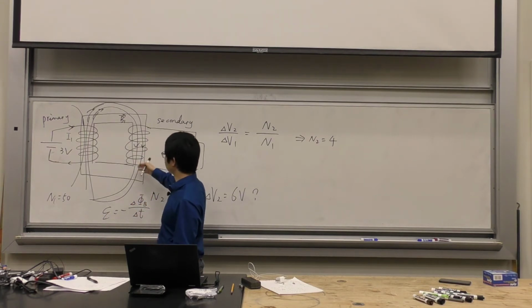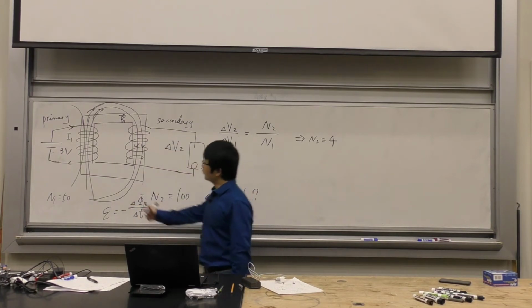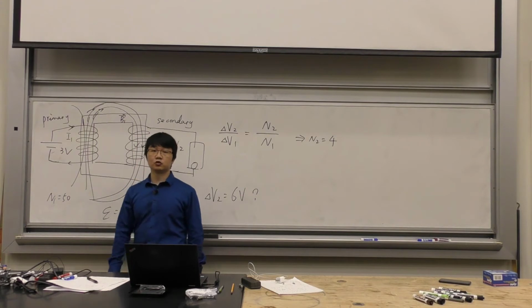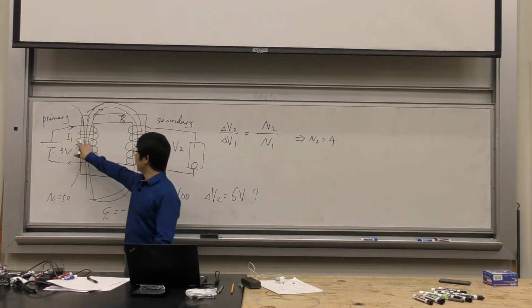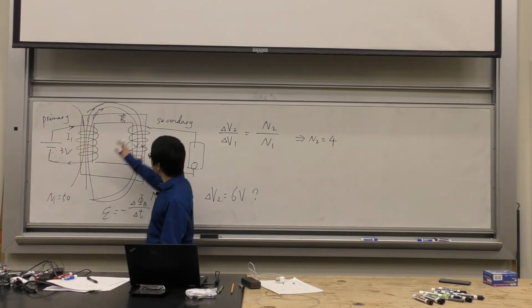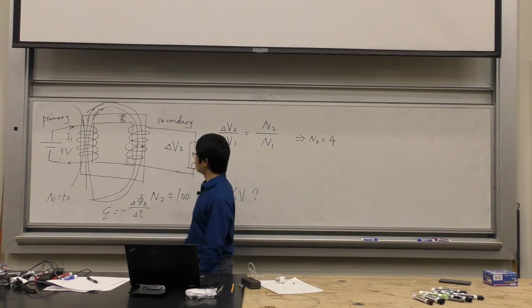Of course, at the end you're going to have a number of turns here. If you connect the left hand side, the primary, to a battery, the I1 is going to be constant. B1 is going to be constant.